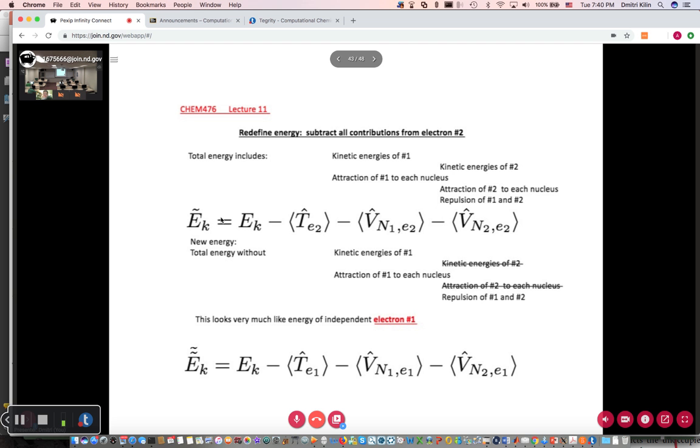This slide has two lines with equations, and I'm declaring the first of them. The eigenenergy number k with tilde is the eigenenergy k for the multi-electronic wave function, minus the expectation value of the kinetic energy of the second electron, minus the expectation value of the potential energy of attraction of the second electron to the first nuclei, minus the expectation value of attraction of the second electron to the second nuclei.